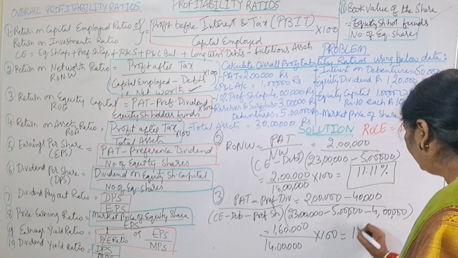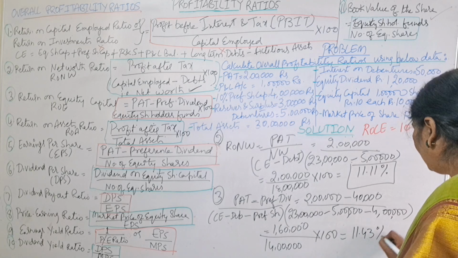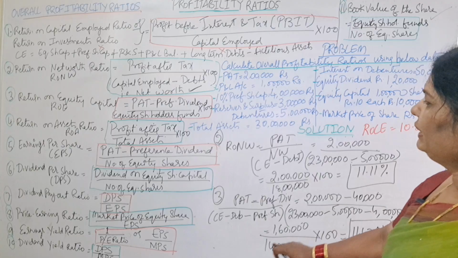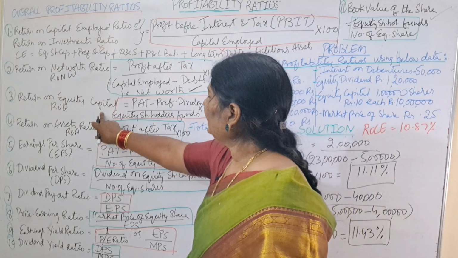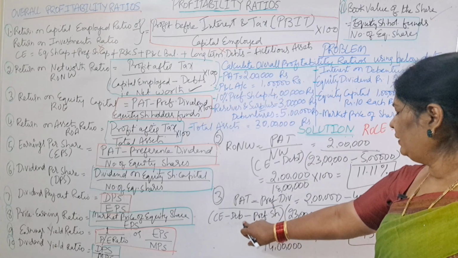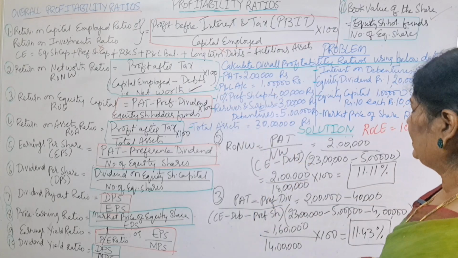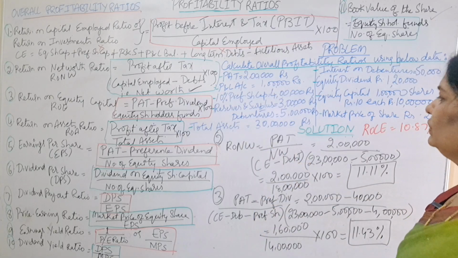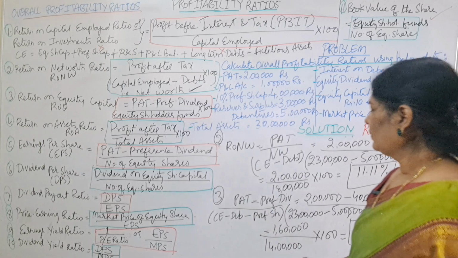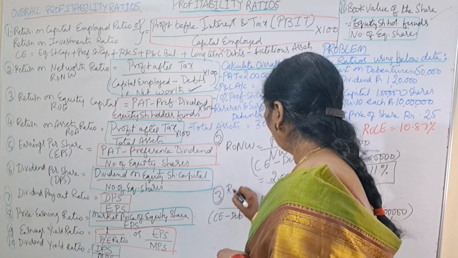It's 11.43 percentage. So what we have calculated here? Return on equity capital. So what we have taken? PAT minus preference dividend divided by equity shareholders funds. So this is our return on equity share capital. So this is what formula?